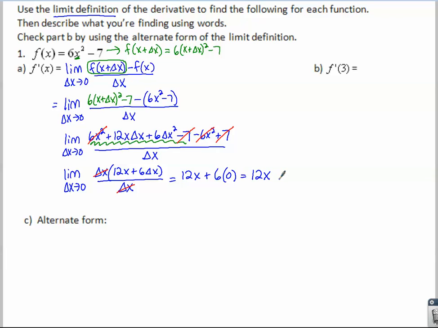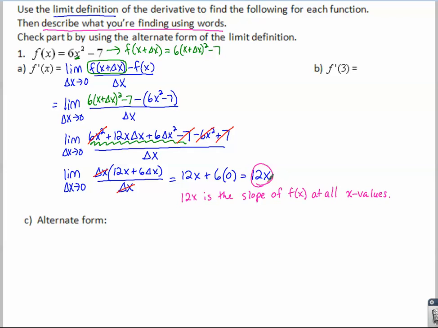That is the derivative. This is the derivative, or if we are going to describe what we're finding using words, this answer right here of 12x, 12x is the slope of f of x at all x values, because we can plug anything we want in there for x.